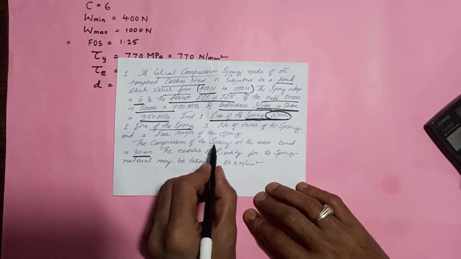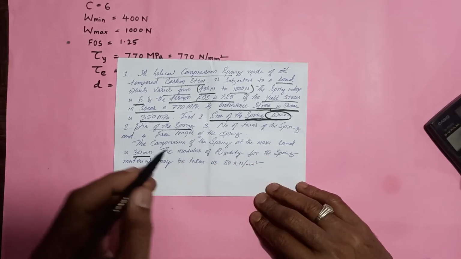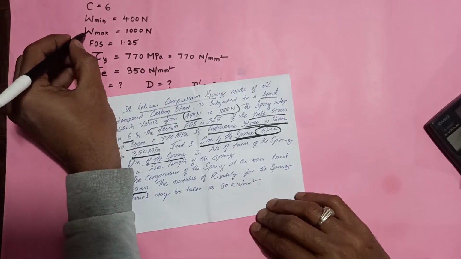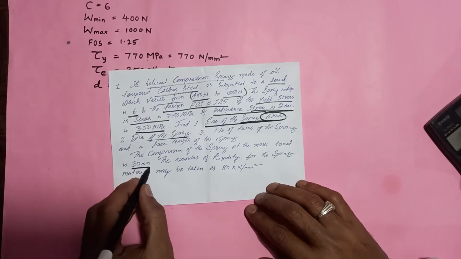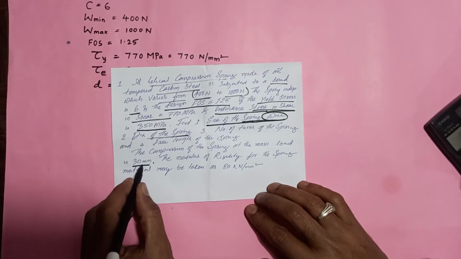So when the maximum load is applied, the maximum deflection delta obtained is 30 millimeter.